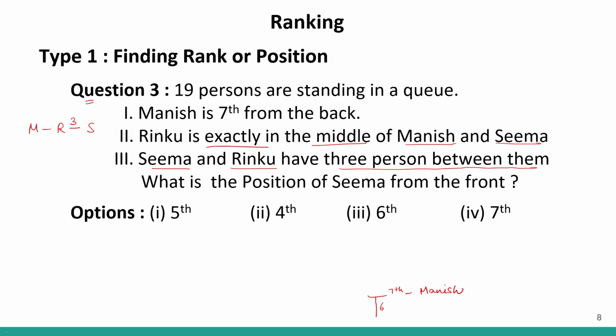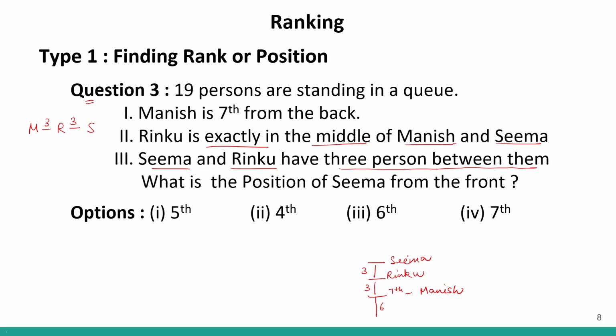If Rinku is sitting exactly in the middle of Manish and Seema, that means between Manish and Rinku, we will also have 3 people. So after here, we will have 3 people, then we will have Rinku. Correct? Then we will have 3 more people and then we will have Seema.